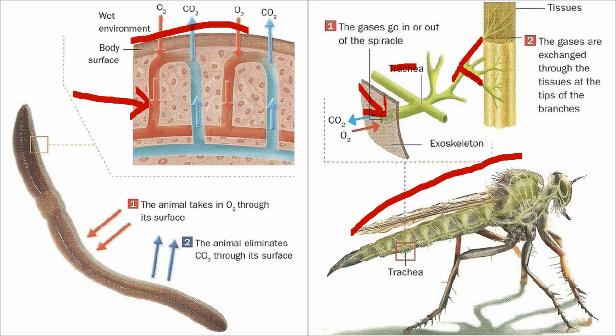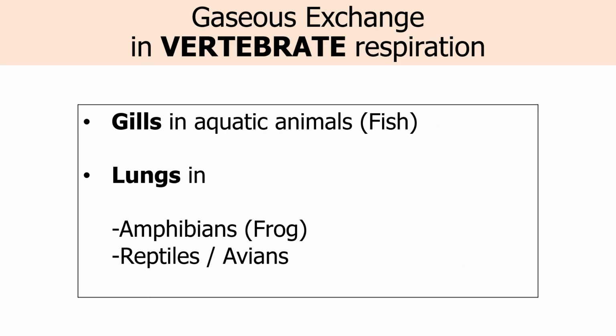So basically, the air will flow into the spiracles, allowing oxygen to travel along a network of tubes of trachea until it reaches the cells in the insect body. So that is how they do their gases exchange.